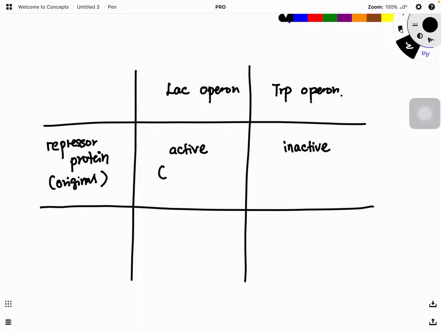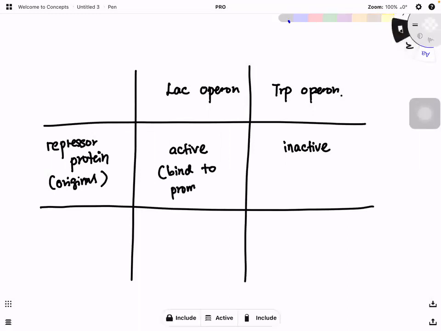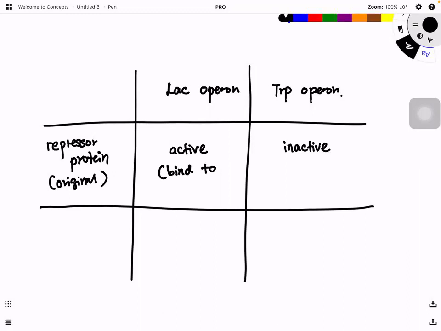Active means that it binds to the operator, so it switches off. Inactive means it won't bind to the operator, so this one switches on.